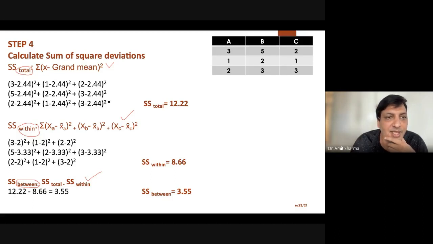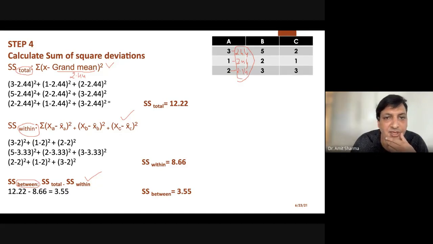Now, for SS total, the formula is the sum of all (x minus grand mean) squared. The grand mean we calculated in the last step was found to be 2.44. So in this step, you do 3 minus 2.44, 1 minus 2.44, then 2 minus 2.44. Each value you have to reduce by 2.44, and whatever you have got, you have to square it.